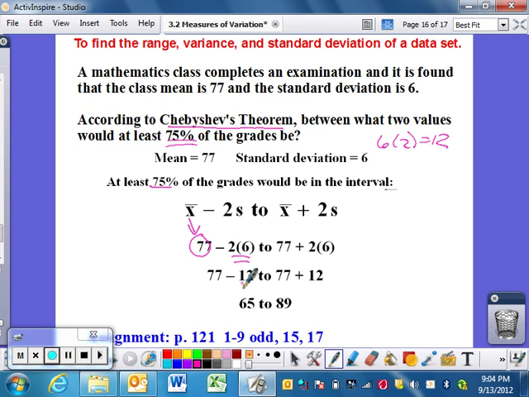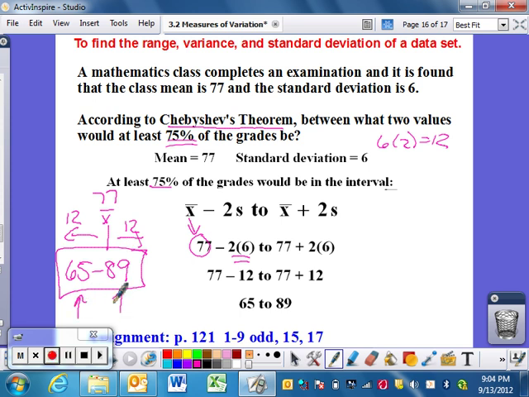You're going to subtract it and add to it to make an interval. So you have your mean in the middle, and then we're going to go 12 to the right, 12 to the left, and this makes an interval. So if 77 is your middle, you're going to go 65 to 89. Which means on this test, 3/4 of my class had a score within 65 and 89. That's all it is.